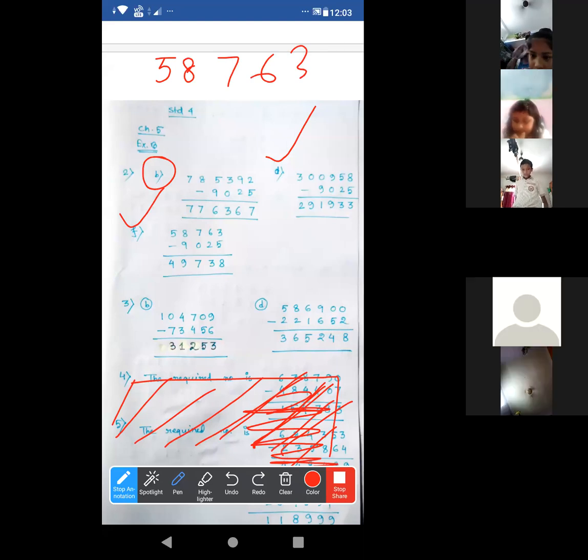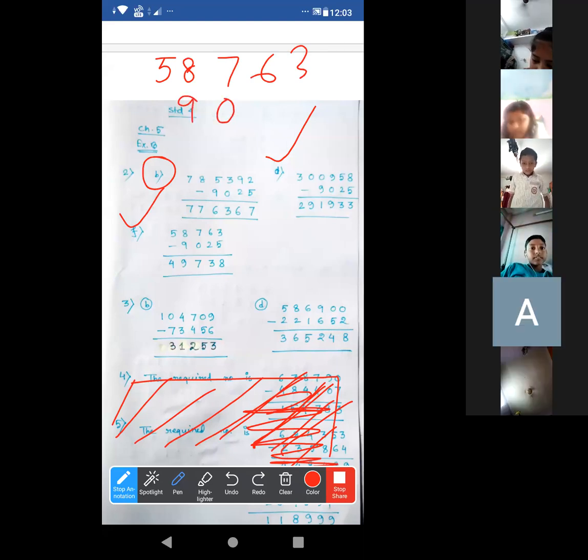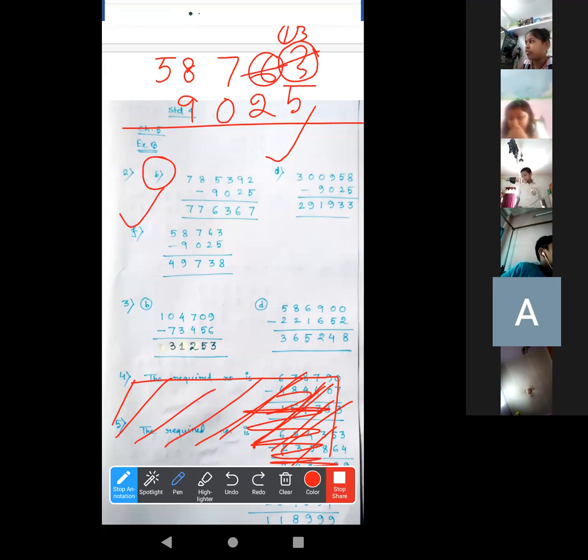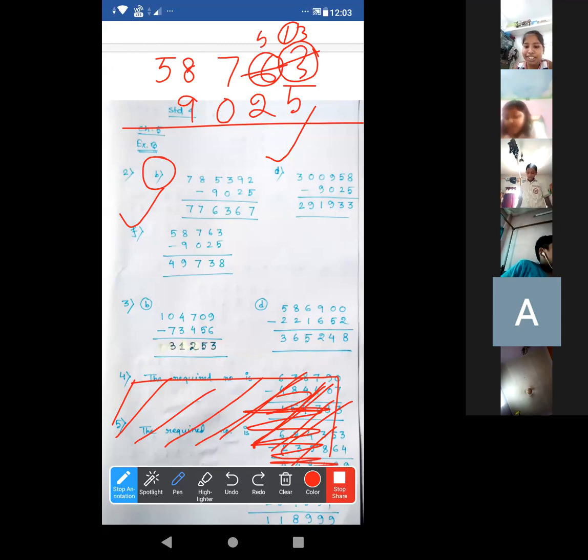58,763, it is 9,025. This 3 is less again, so we have to consider this one as 13. And from where will we get this 1? From this immediate left one. So this will become 5. Yes?